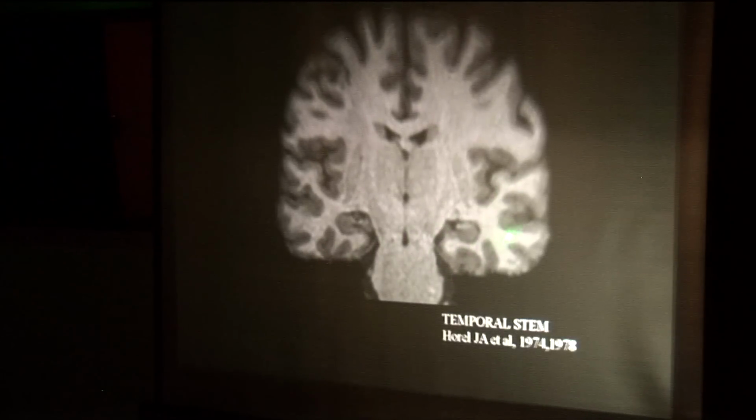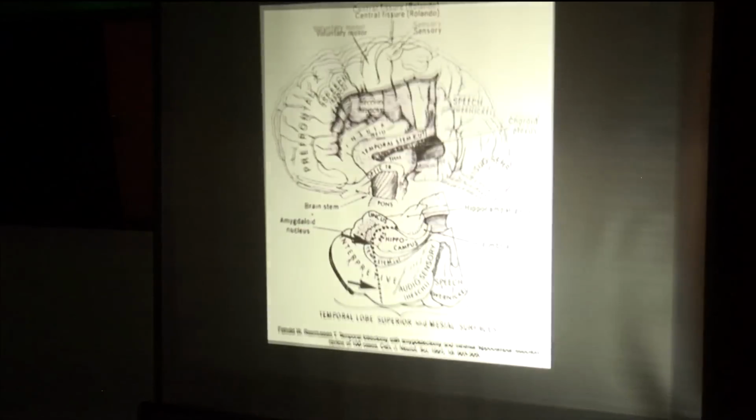You have these branches of white matter that get together and give this pictorial appearance of a stem, just like a tree. And he called all this temporal stem.